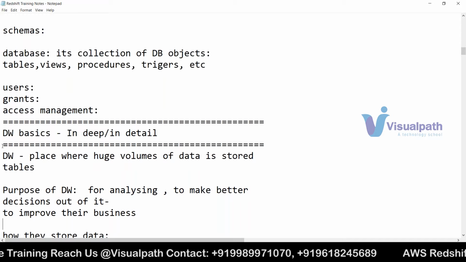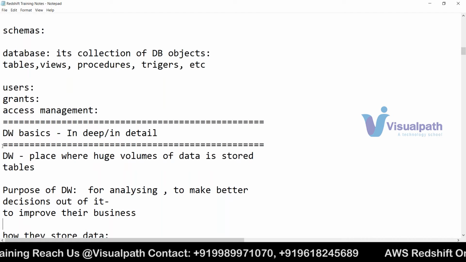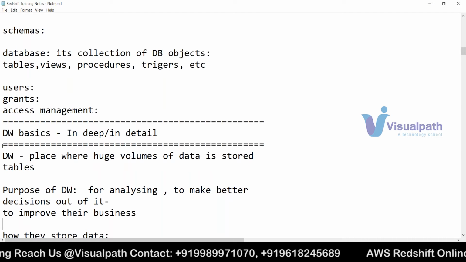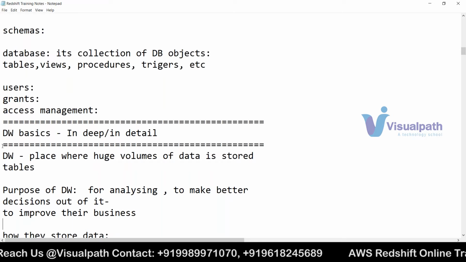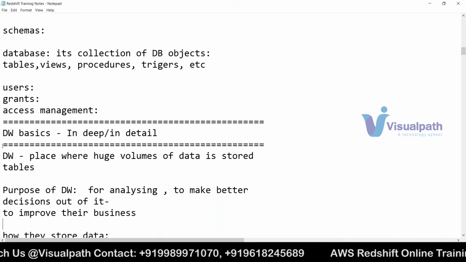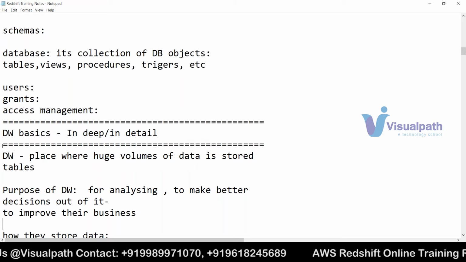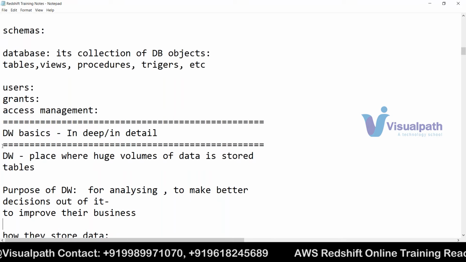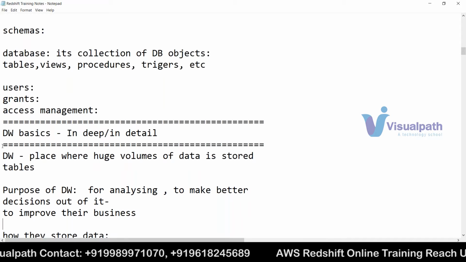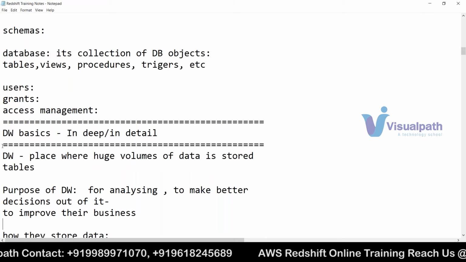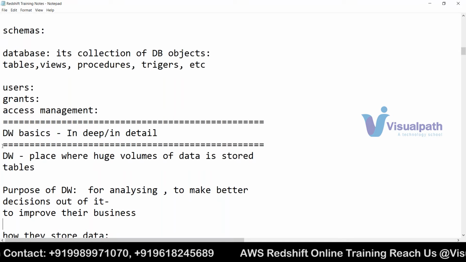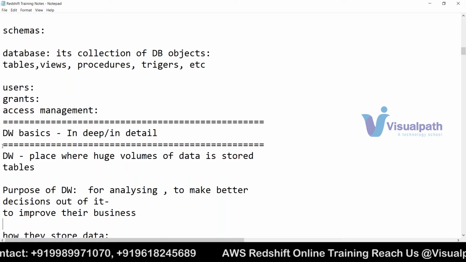But as time goes on, the data is increasing. So people want to store the data and use it for analytical purposes, meaning for reporting. That's where there is a need for data warehousing.